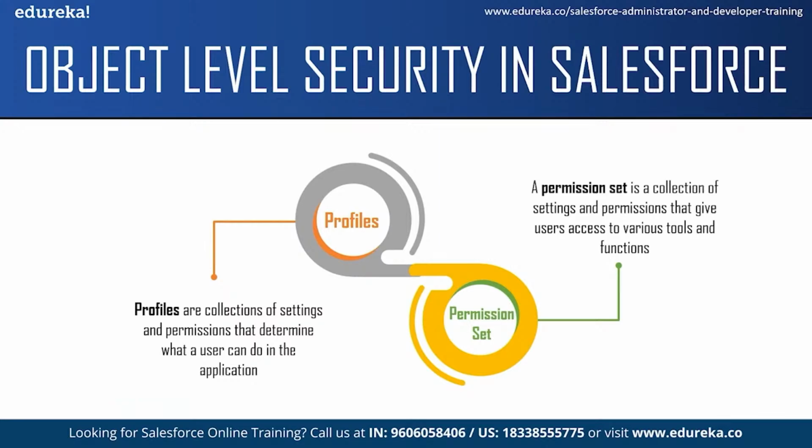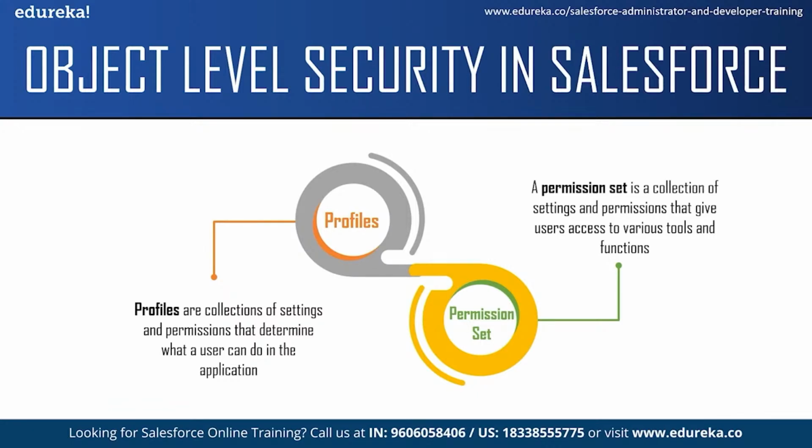So he can only access the object that he will need to carry out his daily task. He won't have access to the data or object that a developer uses and the vice versa. So in object level security, you can assign only those objects that the user profile will use. So basically, profile controls objects that a user can see and what they can do on those objects. Like can they read it or even edit and delete it.